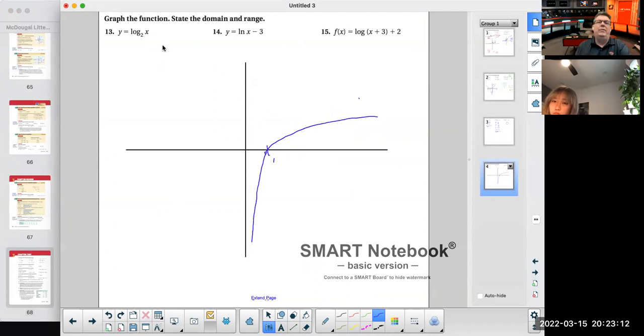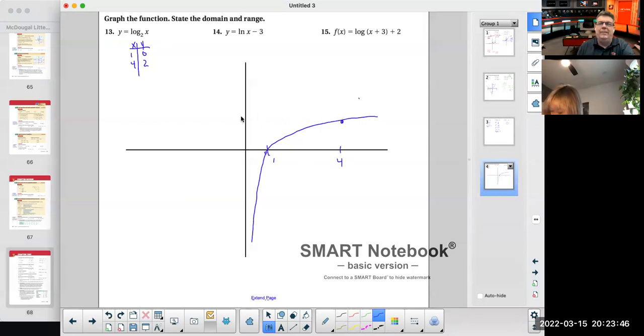It's a slower climb, whatever. So with log base 2 of x, you can still make an xy table, right? When x is 1, 2 to the what equals 1? Well, it's 0. And you want to get something nice, like if x is 4, then y would have to be 2, because 2 squared equals 4. So like (4, 2), right?